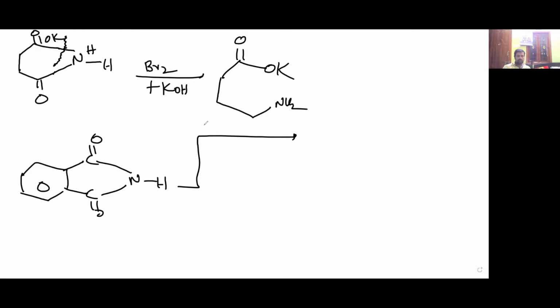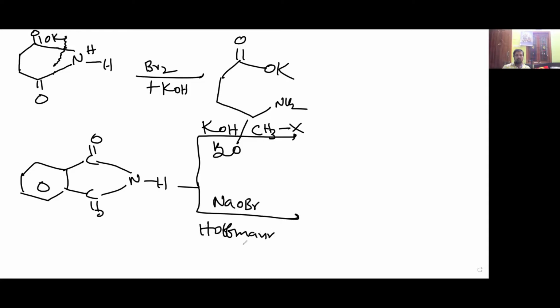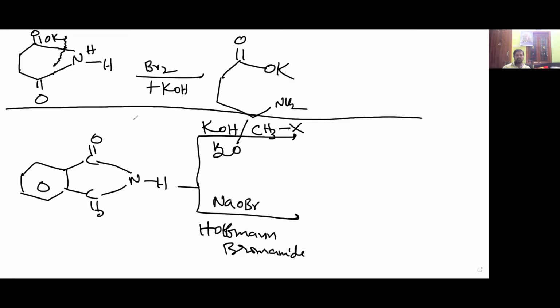This is treated with KOH and RX or methyl halide, and hydrolysis, and this is treated with NaOBr. The lower reaction is Hoffmann bromamide, and the upper reaction is Gabriel phthalimide synthesis.